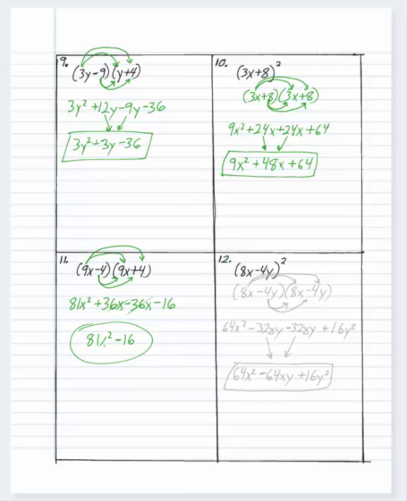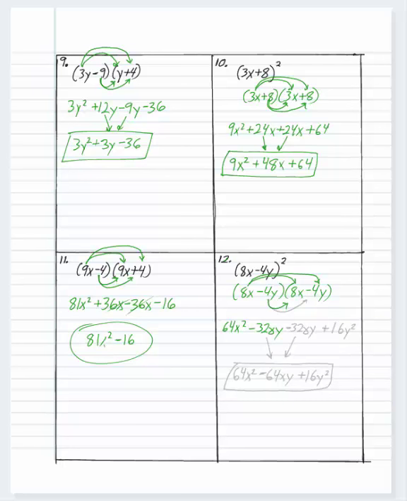Next we have (8x minus 4y) squared. Again, that just means multiply with itself. We'll do 8x times 8x, which is 64x squared. 8x times negative 4y is negative 32xy.